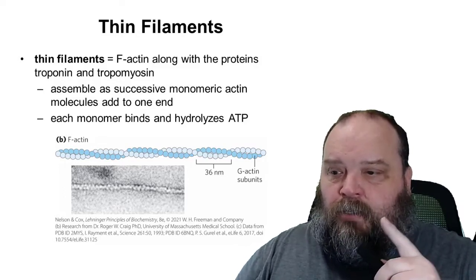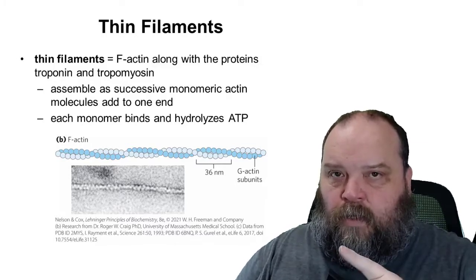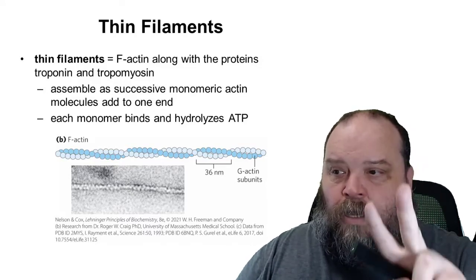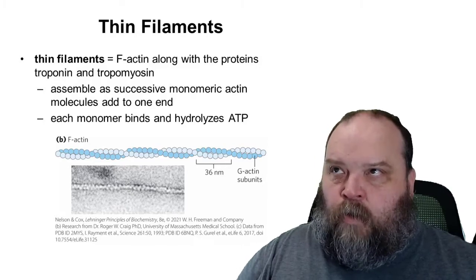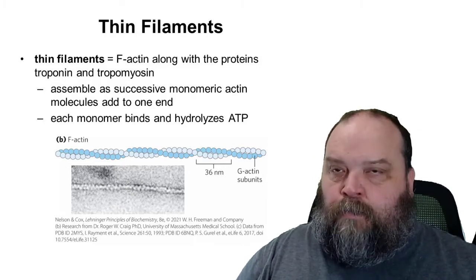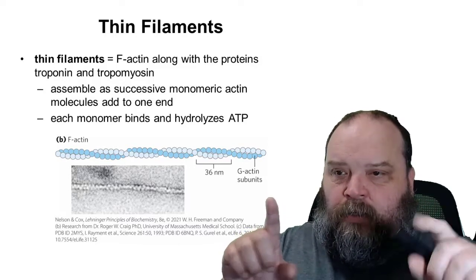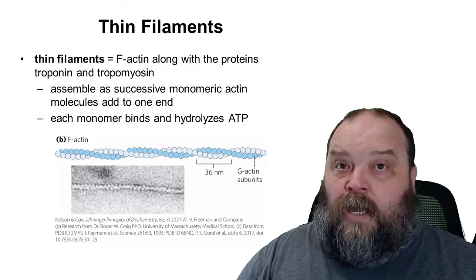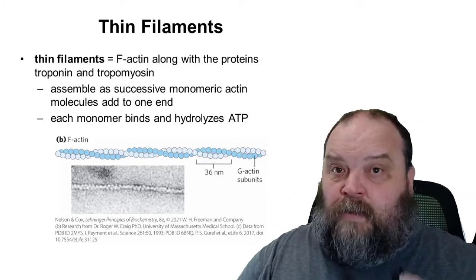F-actin, each of those long strands you see there, interacts with troponin and tropomyosin. Okay, tropomyosin, troponin. The F-actin you see there also actually hydrolyzes ATP, cuts off that third phosphate for energy.